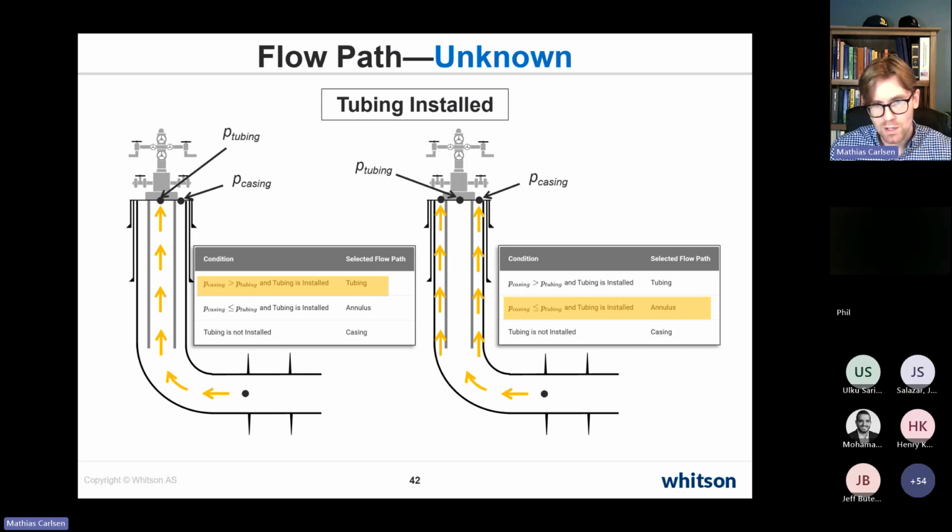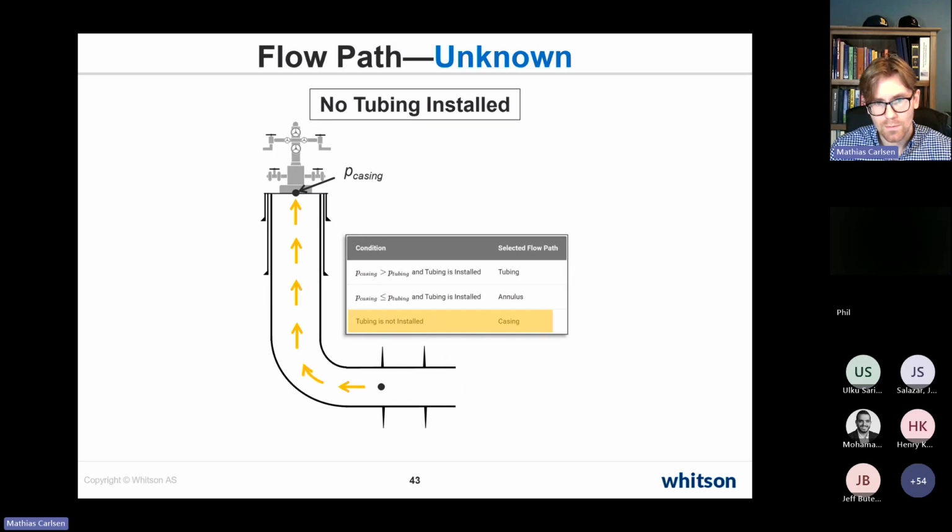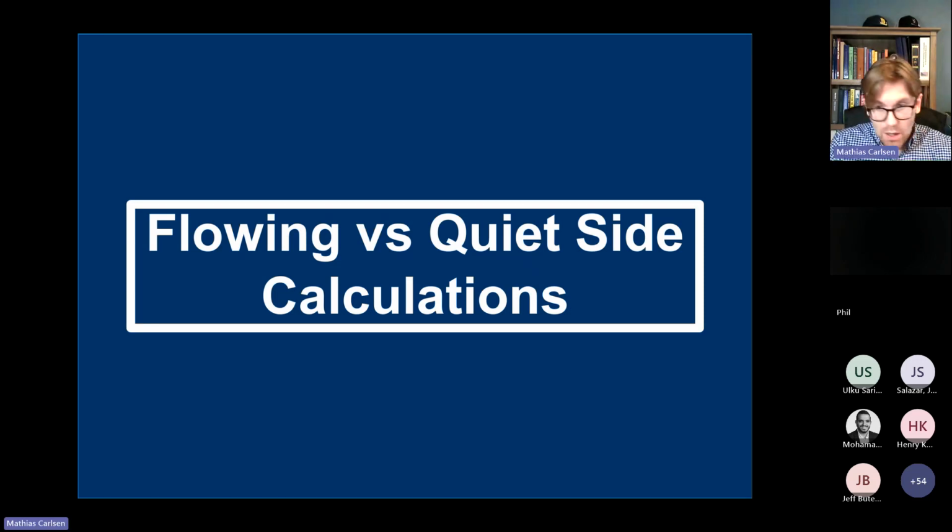And if the tubing is not installed, we assume casing flow. So that's the unknown option, which could be very, very powerful, especially if you do this exercise on a wide range of wells. So it would definitely be my recommendation for API projects to save a lot of time.